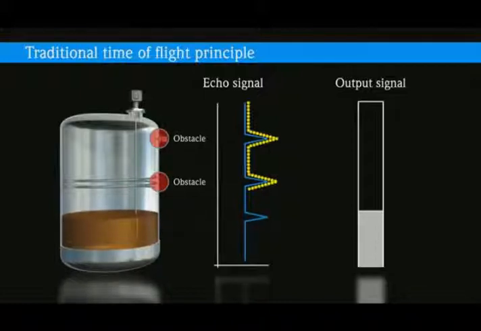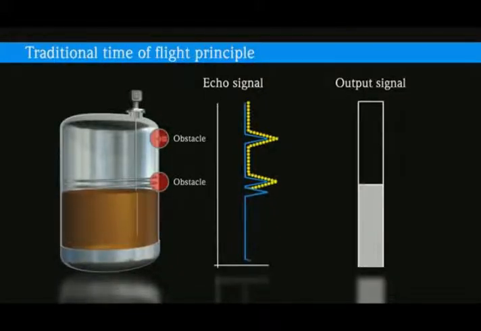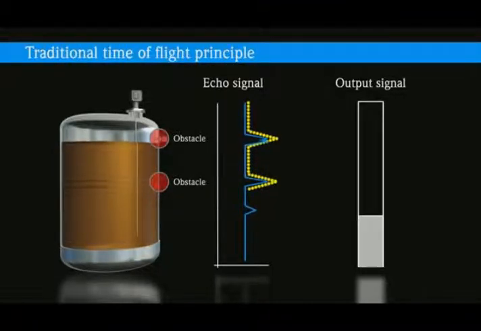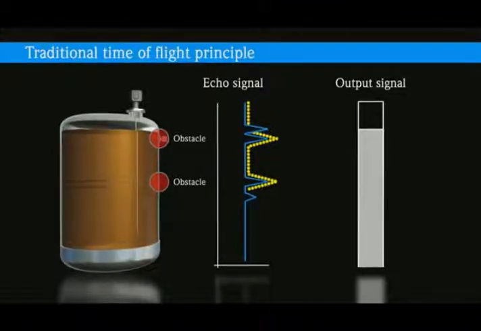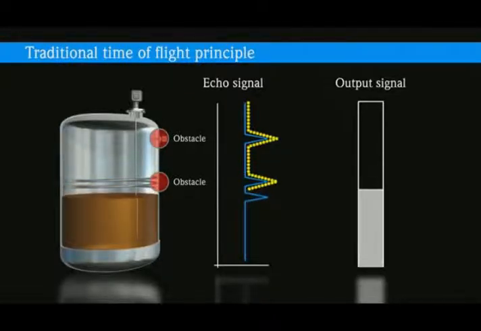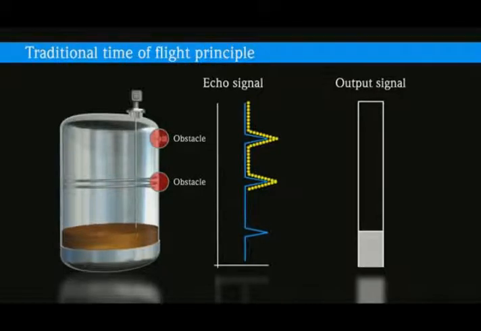If the level signal ranges below the mapping curve when filling or discharging a tank, incorrect analyses may occur. The signal then jumps erroneously, for example, to a so-called double echo, which follows the actual level echo at twice its distance. After the level has passed the obstacle, the echo jumps back to the correct level signal.